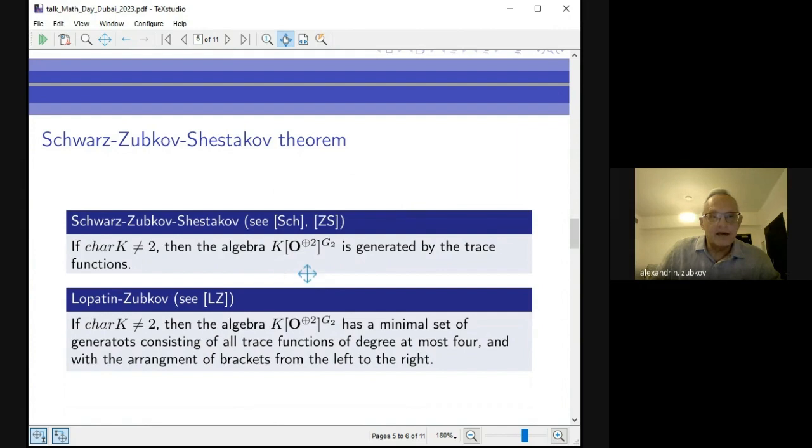We have proved, and it's really interesting, that the set of generators of this invariant algebra for positive characteristic is exactly the same as the set of generators in characteristic 0. The result is as follows: this algebra of invariants is generated by the trace functions.